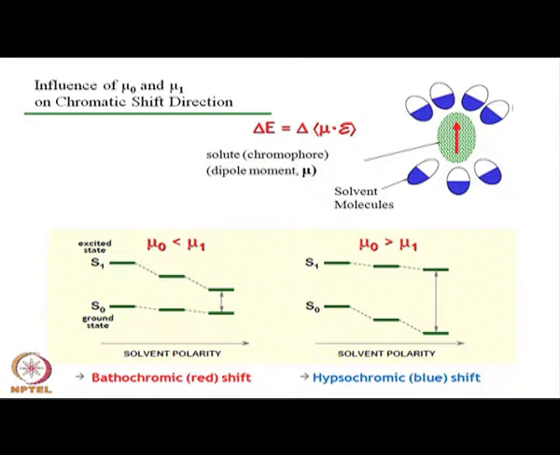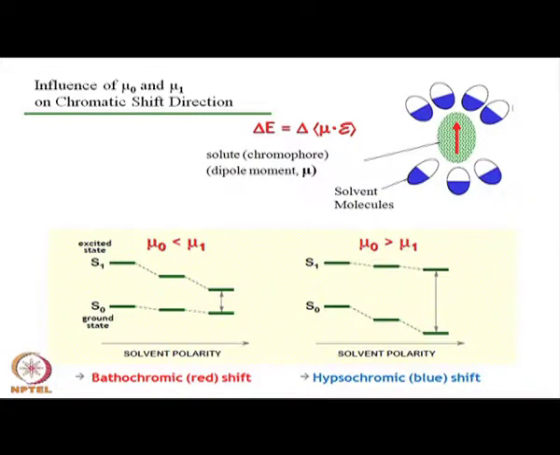Okay. So you see there are two situations. In one case, this is your ground state, this is your excited state, and suppose that your excited state dipole moment is more. Mu1 means your excited state dipole, it is more polar in the excited state. Now the question is, why is it more polar in the excited state? Why should there be a change in dipole moment when you photoexcite a molecule?